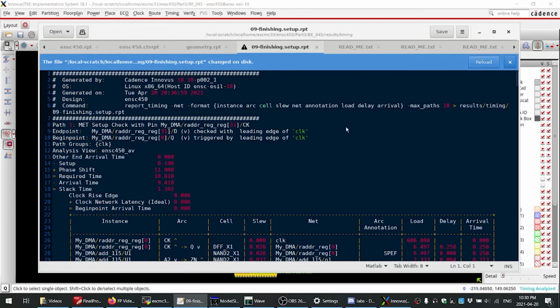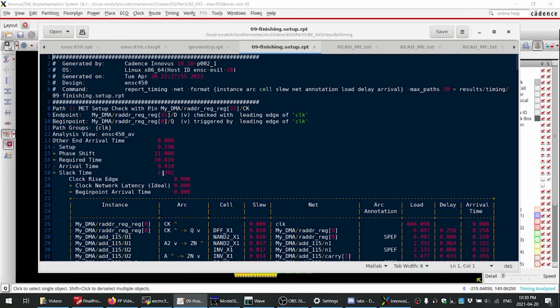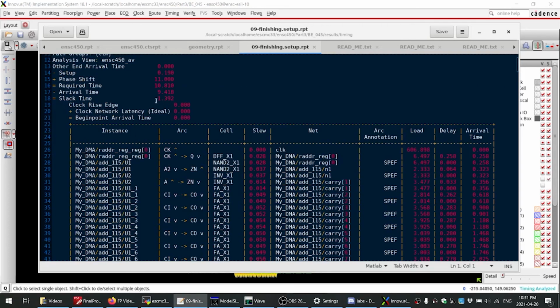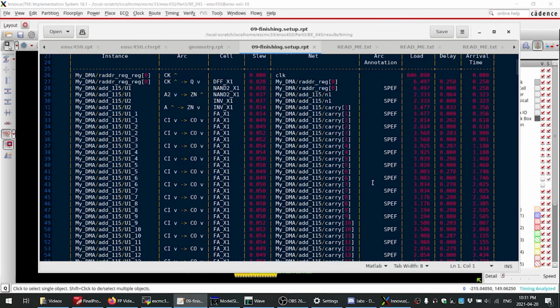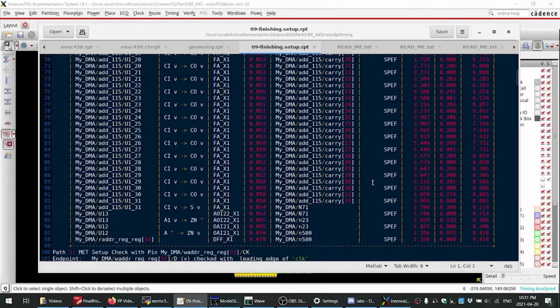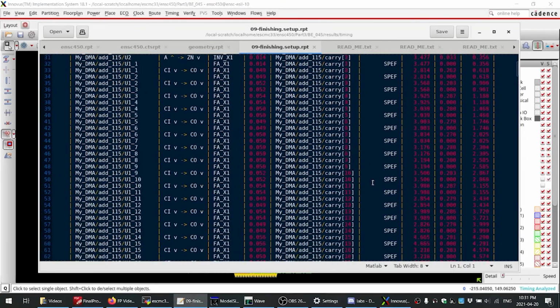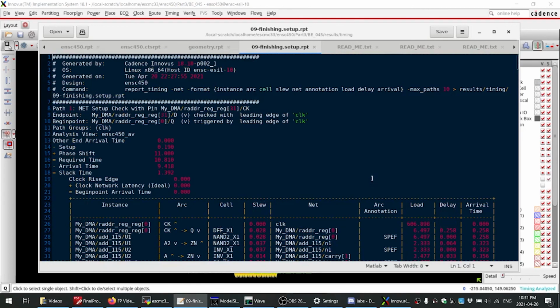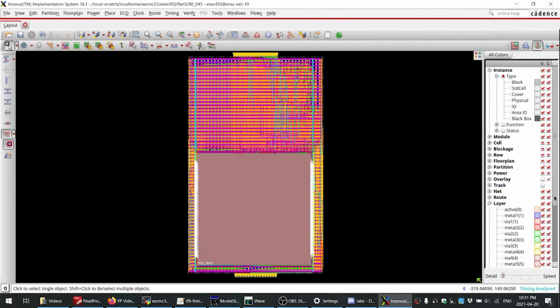We have a slack of 1.392, and our target clock time period is 11 nanoseconds. So we're running at a clock of 11 nanoseconds. This is our critical path. And so the slack for our critical path is 1.39.